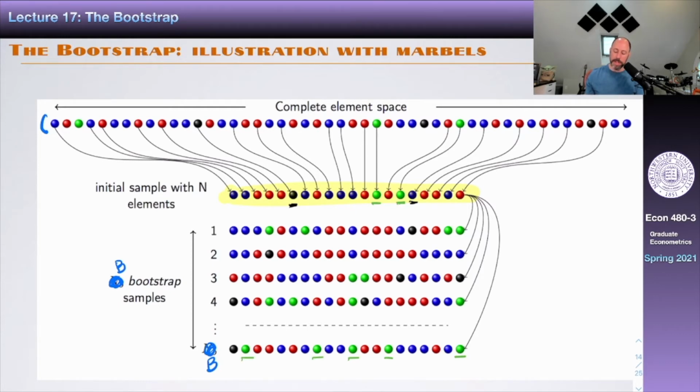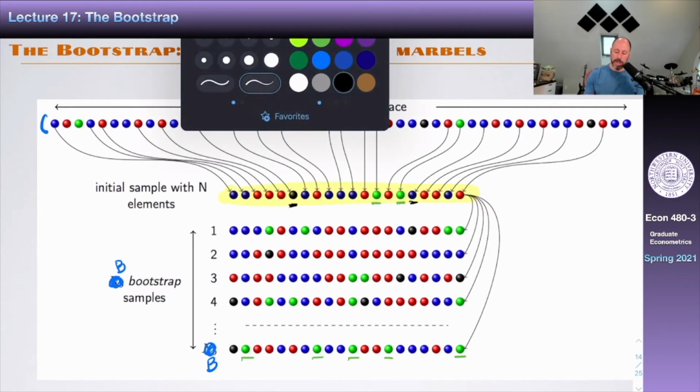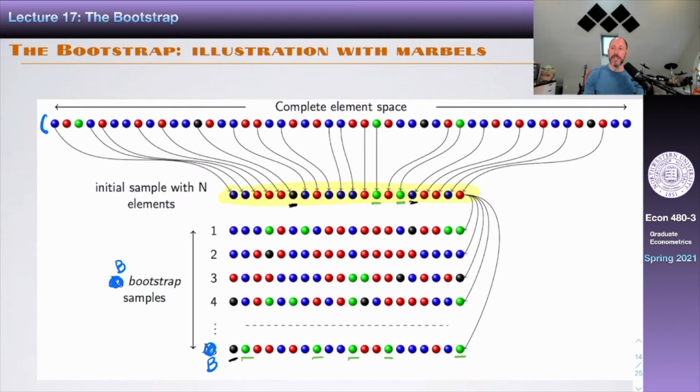See here in the original sample, there were 2 green balls, but in one of the Bootstrap samples, the last one here, there are 5 green balls. And actually, there's only 1 black ball. So not all values are going to show up. Sometimes some observations don't show up in your Bootstrap sample. Sometimes there are observations that appear multiple times in your Bootstrap sample, and that's totally fine. That's what makes the Bootstrap work. Of course you can see this with numbers. You can actually try to plot numbers yourself. But I thought the marbles were an easy way to illustrate that visually.